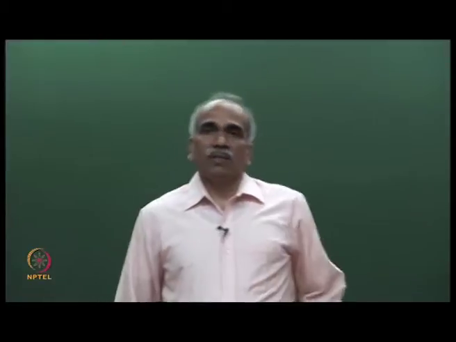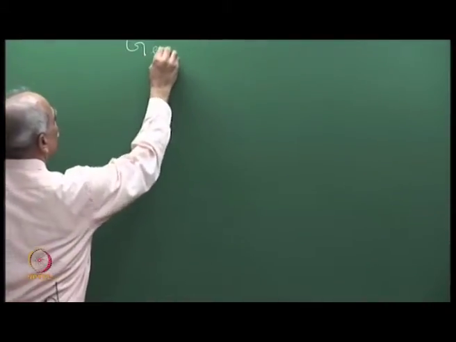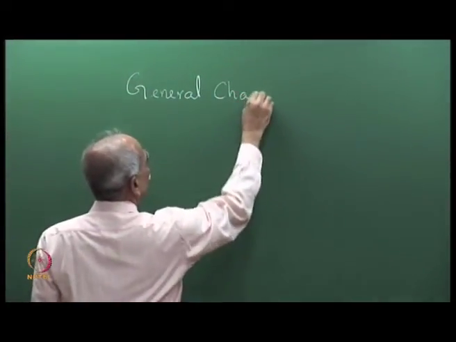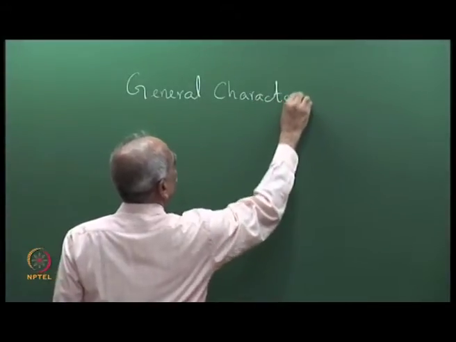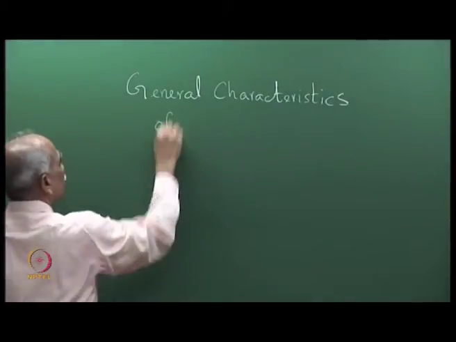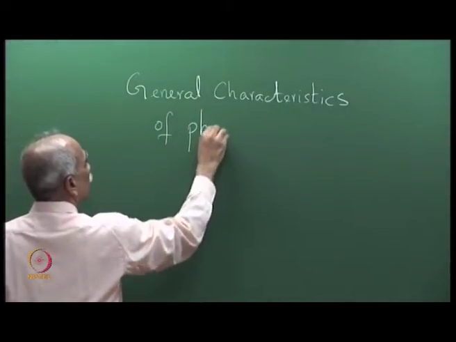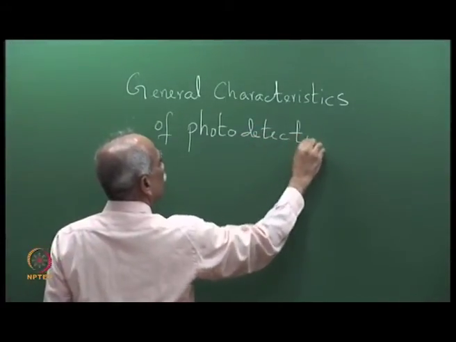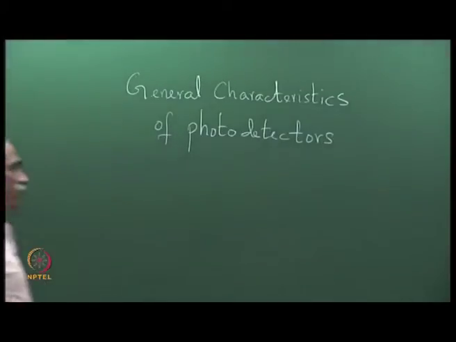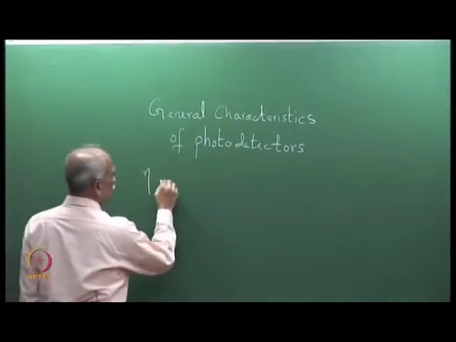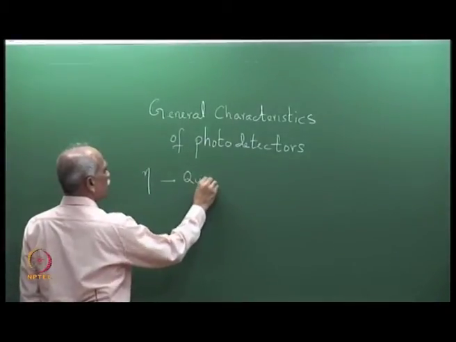Okay. In the last lecture, we discussed the general characteristics of photodetectors. And we had listed first the quantum efficiency eta.